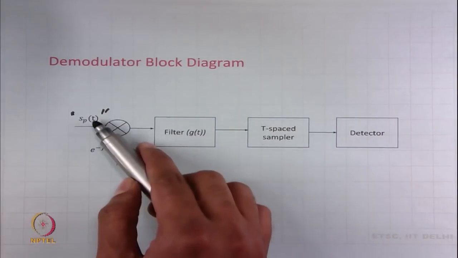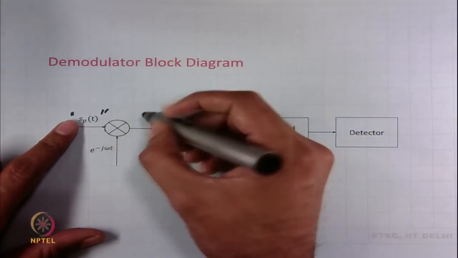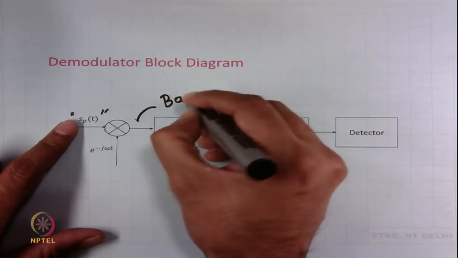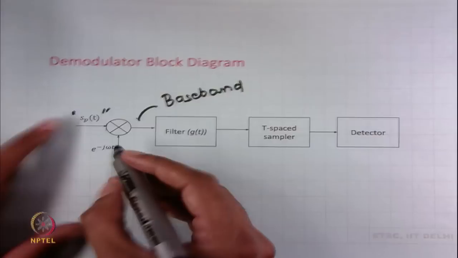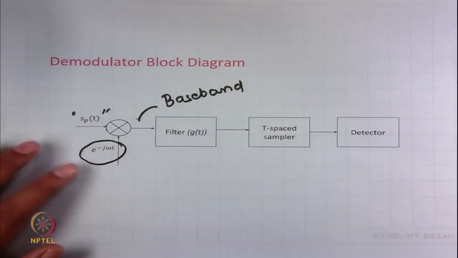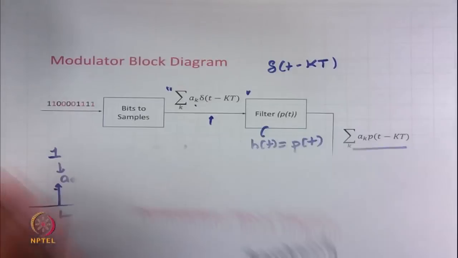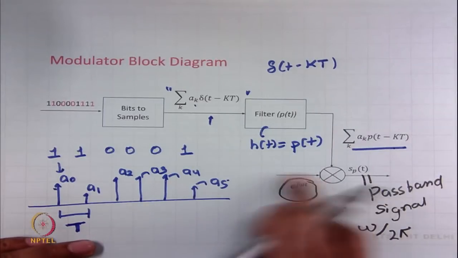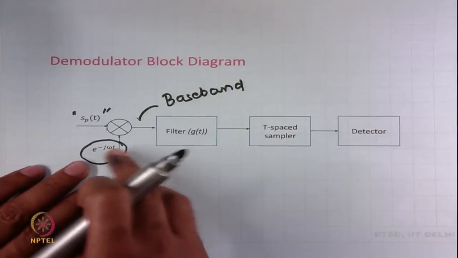Then the first step should be that I convert this passband waveform to a baseband waveform. And again multiply this with a rotating complex exponential, but now this rotating complex exponential would be rotating in a different direction. Here it was rotating in positive omegas and here it would be rotating in a different direction.